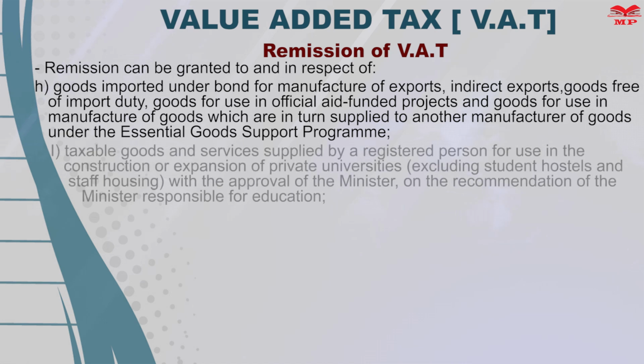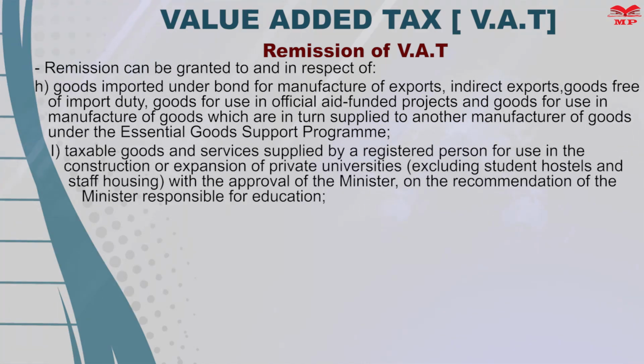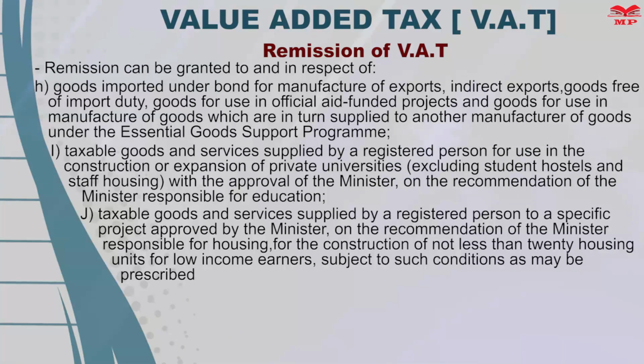Then I, taxable goods and services supplied by a registered person for use in the construction or expansion of private universities, excluding hostels and staff housing, with the approval of the minister on the recommendation of the minister responsible for education. The minister is what we currently call the CS. Taxable goods and services supplied by a registered person to a specific project approved by the CS on the recommendation of the minister or CS responsible for housing.